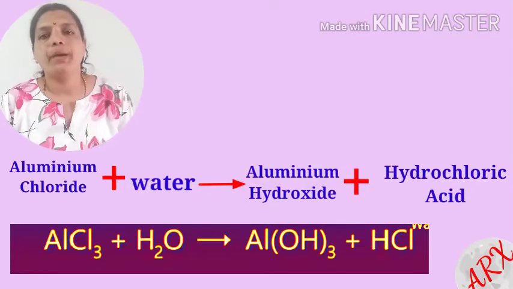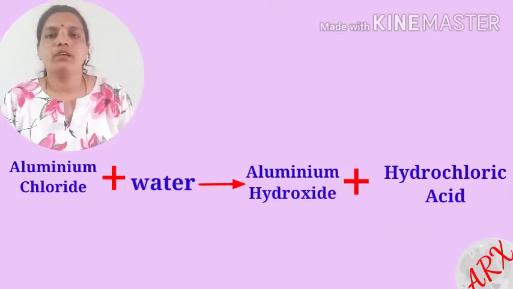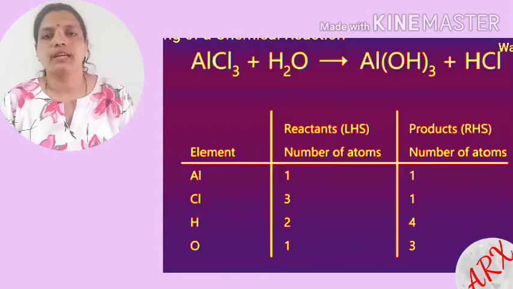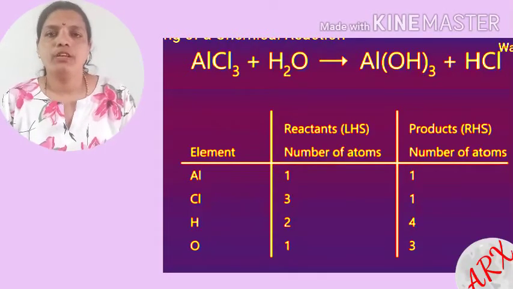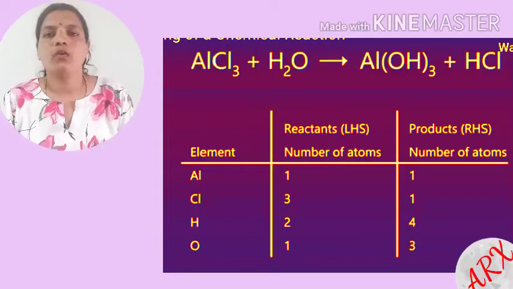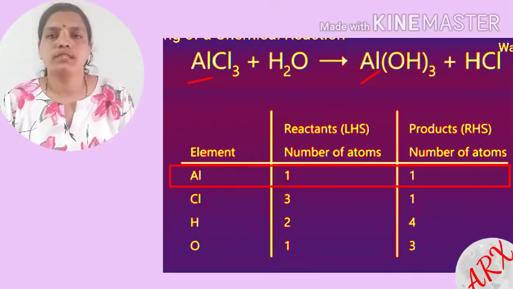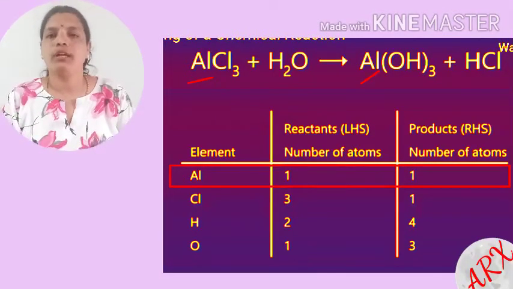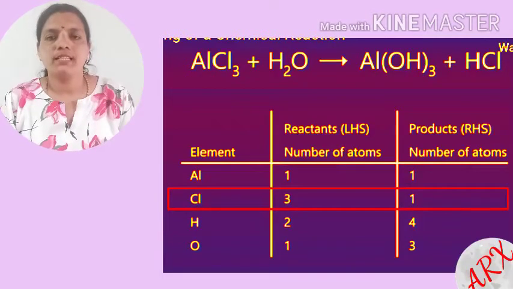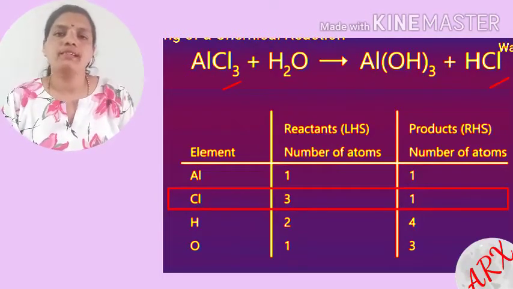Now we have to compare the number of atoms on both sides. First we will select Al. The number of atoms of Al is 1 on both sides. Now chlorine: on the left hand side it is 3 and on the right hand side it is 1.